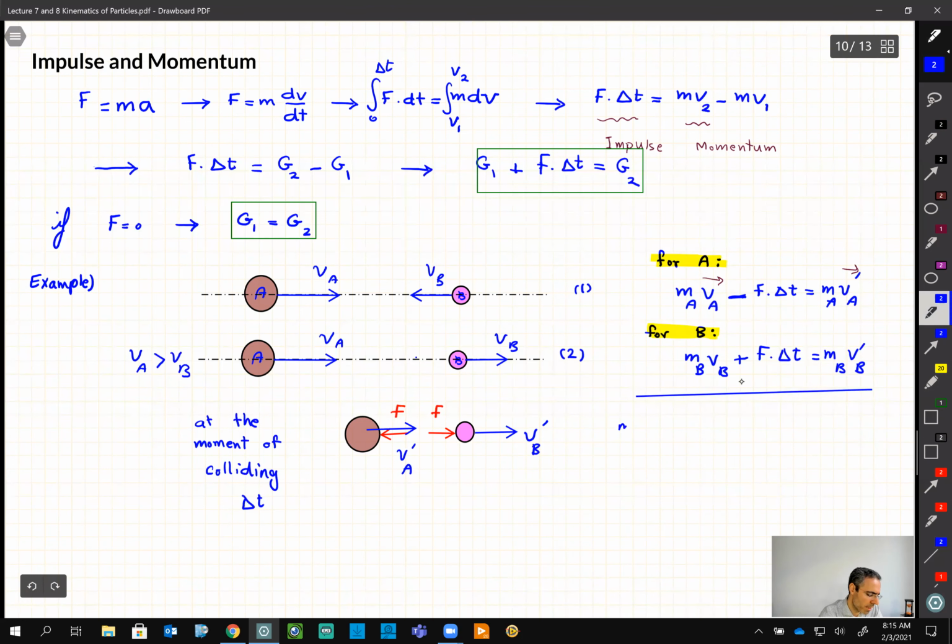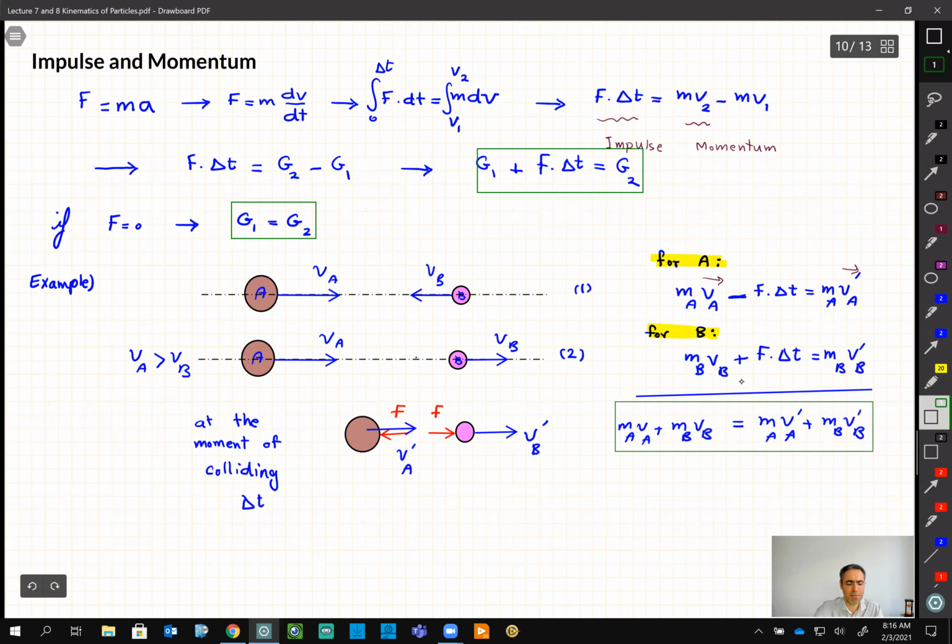I get MA VA plus MB VB is equal to MA V prime A plus MB V prime B. So in fact, we showed that for these two particles, whatever momentum they had before collision is equal to their momentum after collision. But still, we cannot solve this problem, right? Because we have two unknowns, V prime A and V prime B. We need another piece of information.